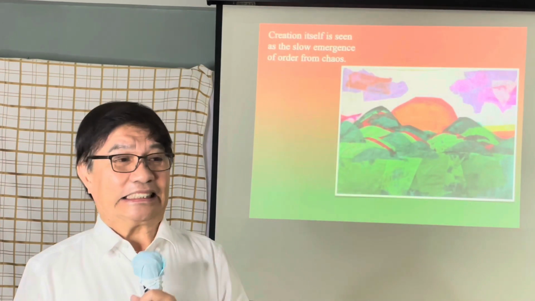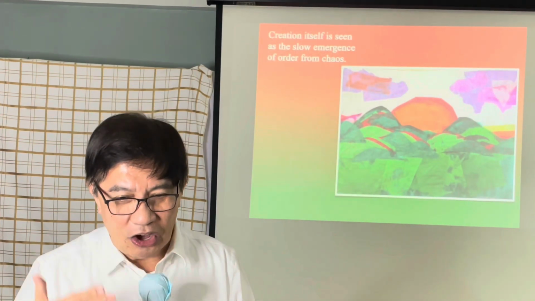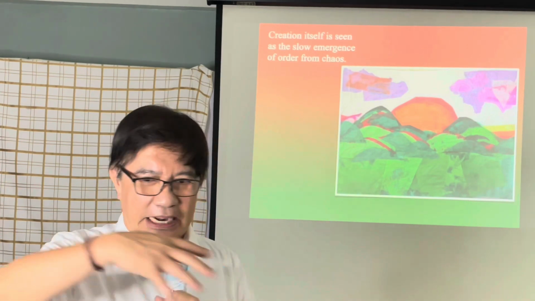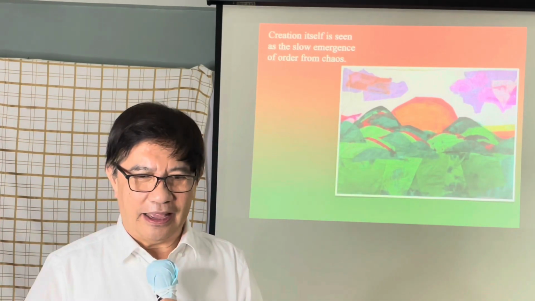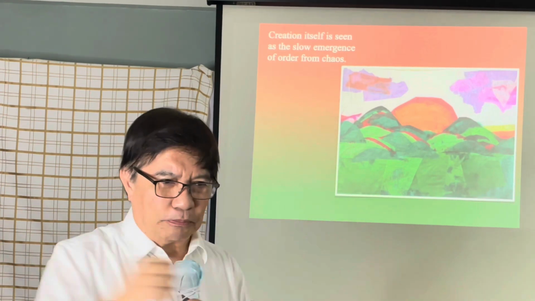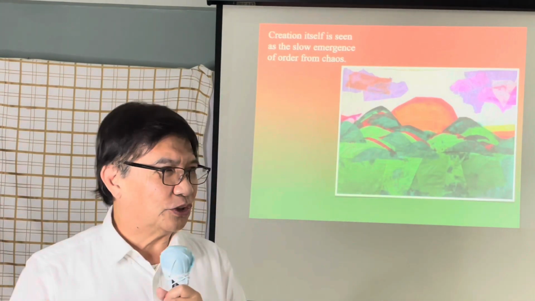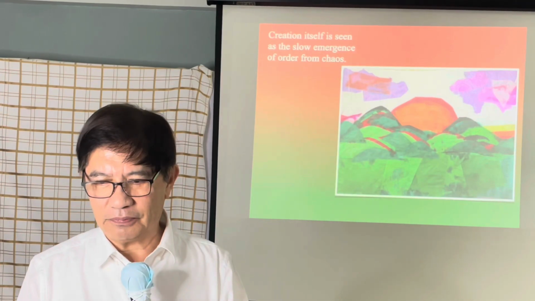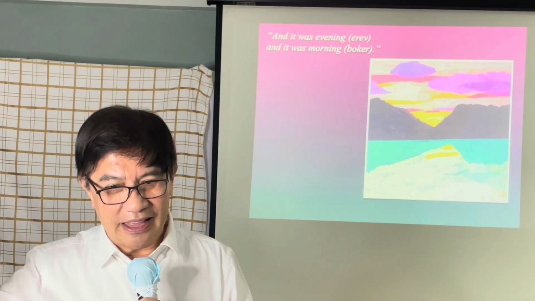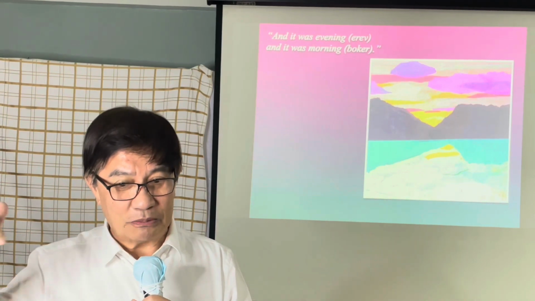Creation itself is seen as the slow emergence of order from chaos. In the beginning, there was chaos. There was nothing. And suddenly, the Spirit of God, the Ruah of God, swept over the waters and there was order. And it was evening, Erev, and it was morning, Boker.